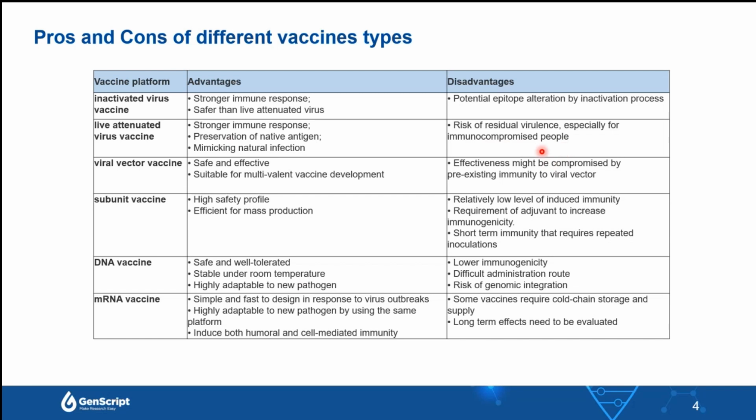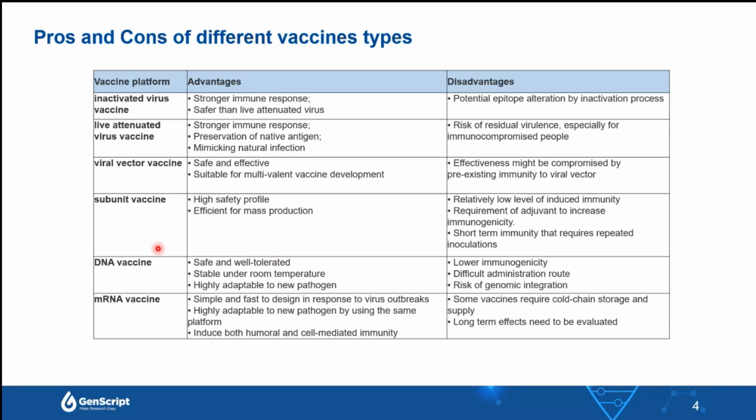So it's kind of dangerous. And viral vector vaccine is safe and effective, but the effectiveness might be compromised by pre-existing immunity to the viral vector itself.